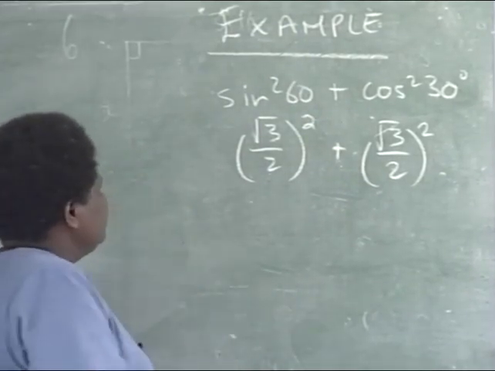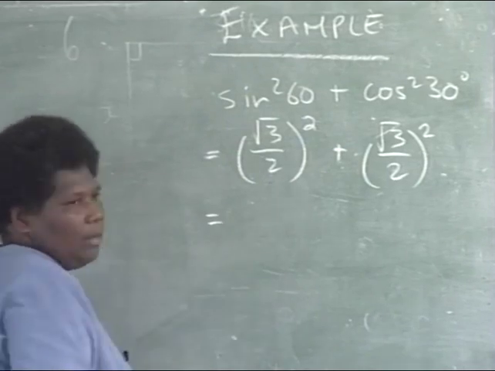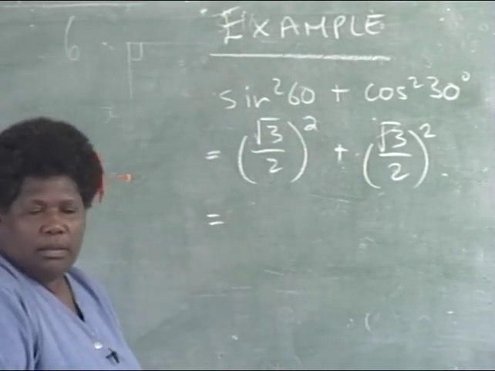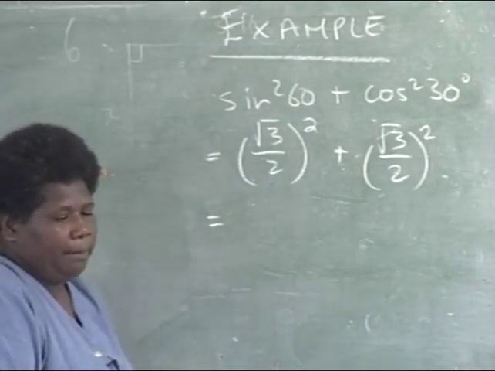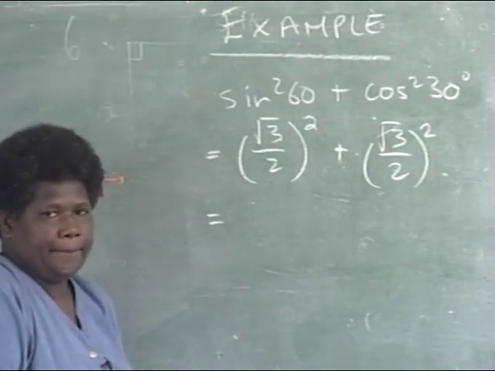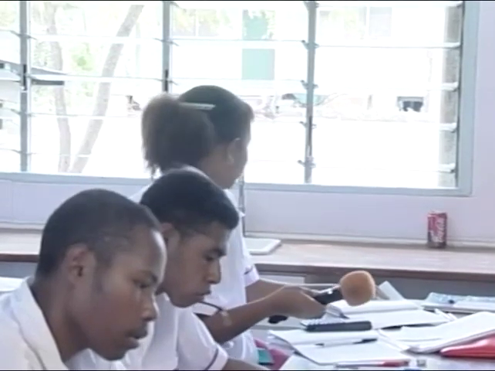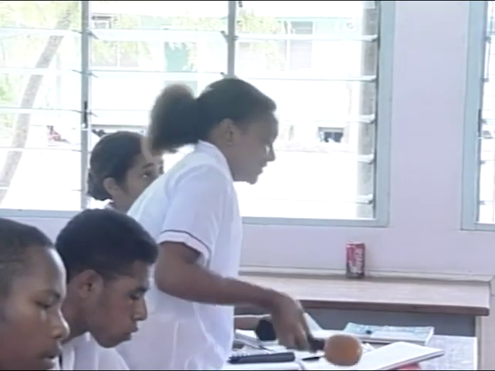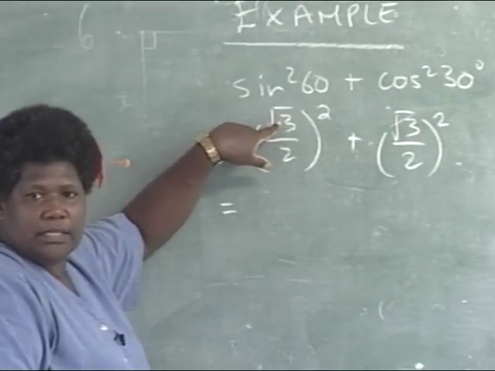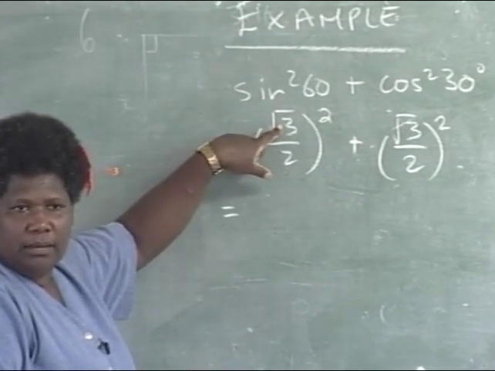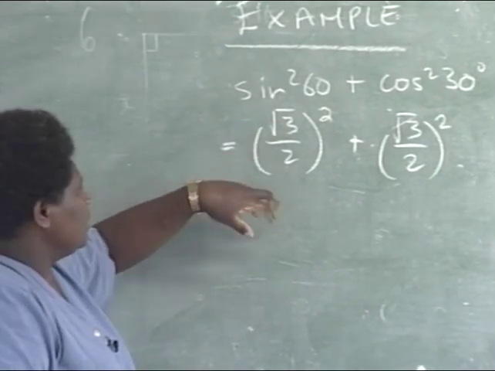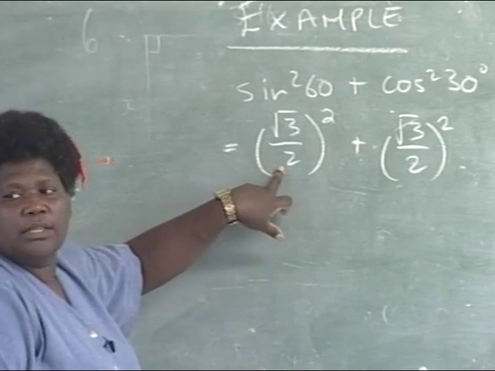Margaret? Give it to me as a fraction. Root 3 times root 3 is 3, and 2 times 2 is 4.